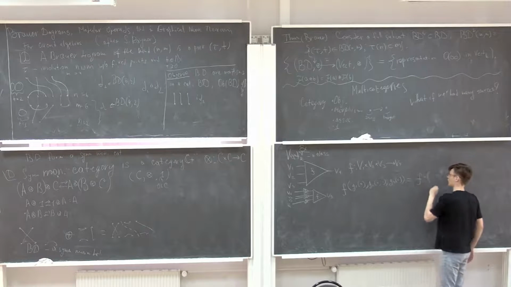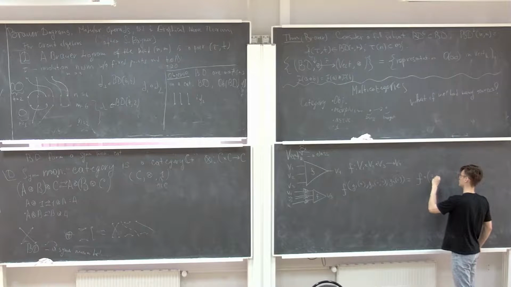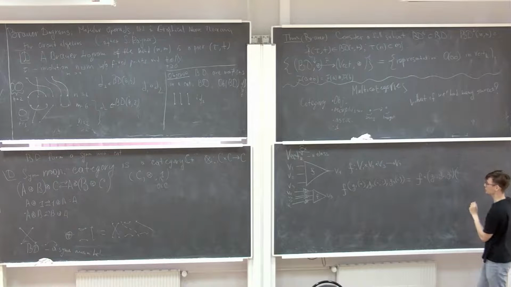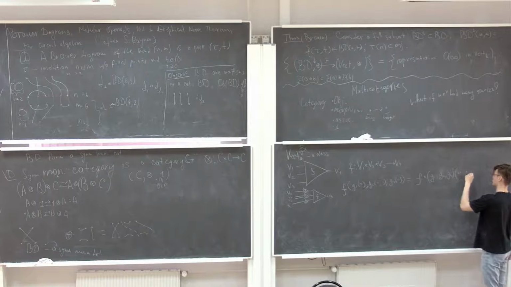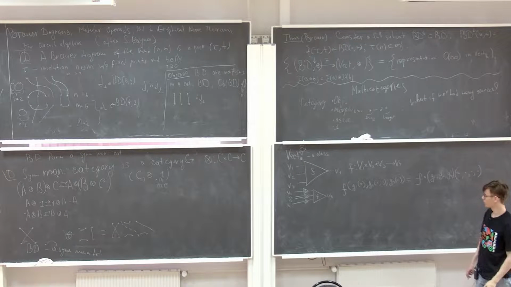F composed with a tuple G1, G2, G3, and we can substitute in there 4 variables. Okay?